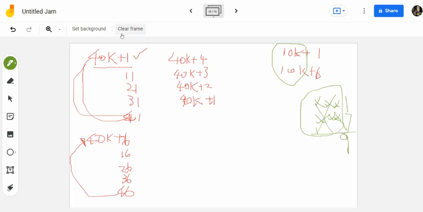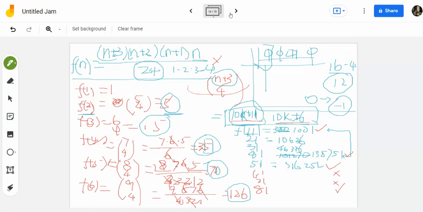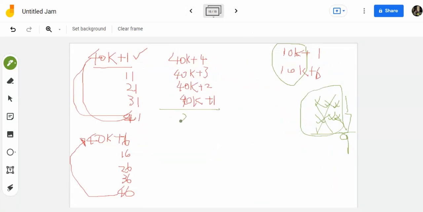For this formula, the difficult part is it has to be choose 4. Choose 4? Yeah, choose 4. So choose 4 will divide by 24, right? So we don't need it. But divide by 24 exactly gives us the idea. So we need to divide by this one, right?